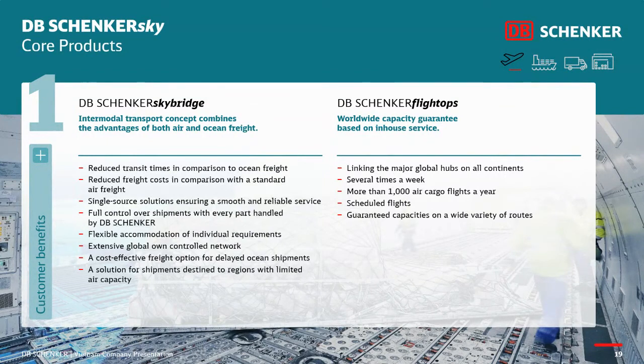Okay, another product is the flight operation of DB Schenker. If you follow LinkedIn or some other channel, you will see Schenker opened a direct service where we can rent a plane and run it from the US to Australia.